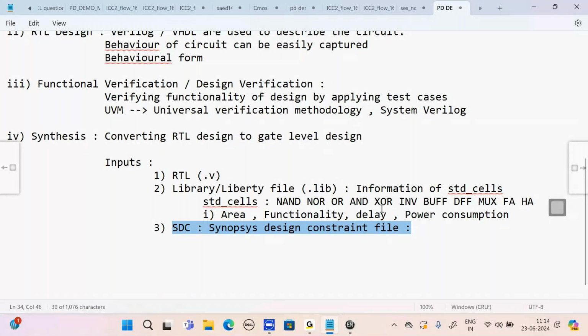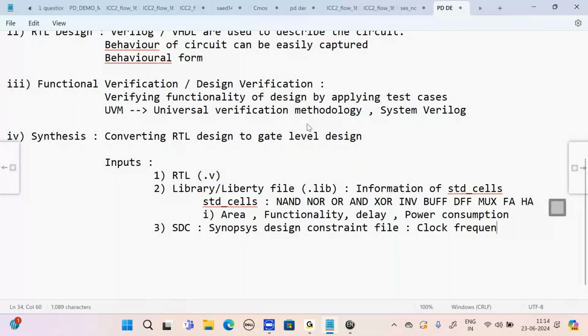You don't convert your RTL however you want. While converting, you meet these constraints. Then what will the constraint be here? What type of constraint can you put on the design? So you will tell that my design has to work with this much clock period, right? This is a clock frequency.